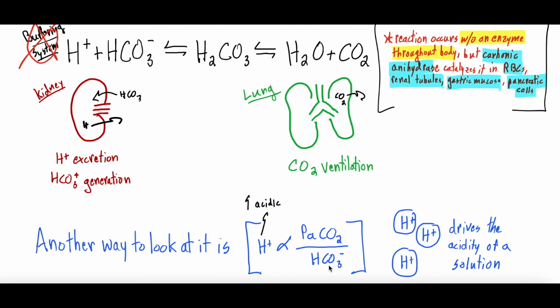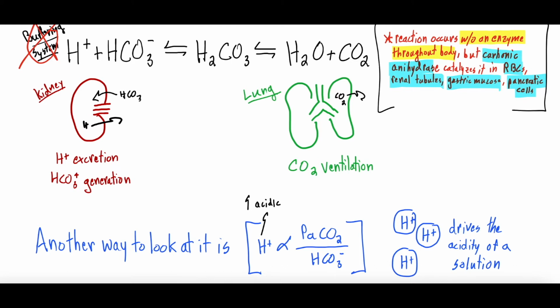Remember, bicarbonate is a base. So if there's more carbon dioxide, there's going to be more hydrogen ions, and thus you're going to have a more acidic solution. If there's more bicarbonate, so if the denominator of this equation is higher, you're going to have less hydrogen ions, which means the solution is going to be less acidic or more basic. And that comes from this equation, right?